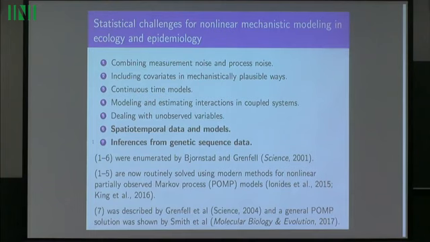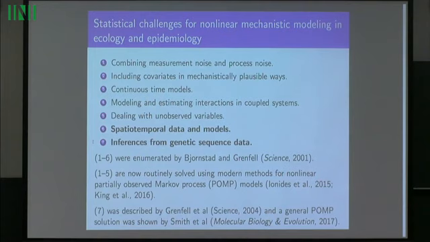You want to deal with continuous time models despite the discrete time data. You want to have interactions in coupled systems, and you have latent unobserved variables. All these things we saw in the example I showed you on the first slide.